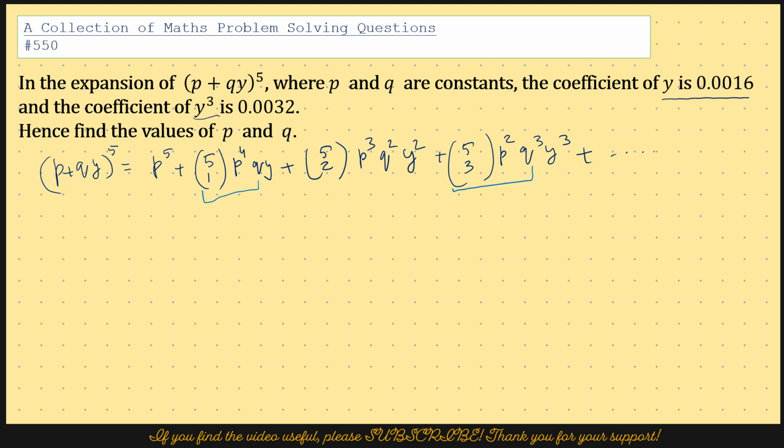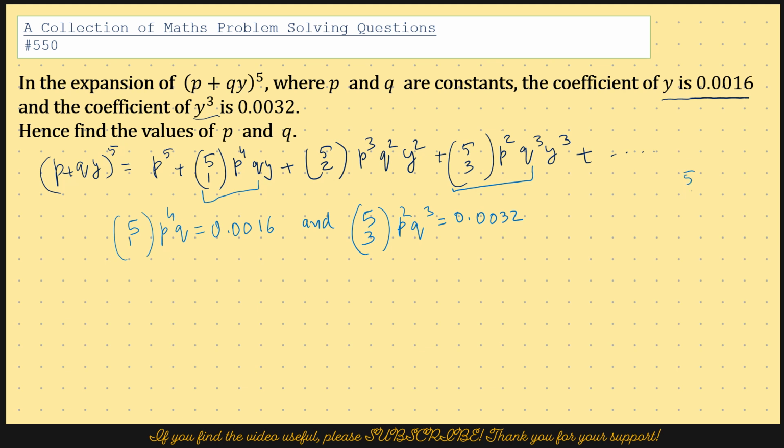So we can write, since the coefficient of y is this, 5C1 p to the power 4 q equals 0.0016, and 5C3 p squared q cubed equals 0.0032.